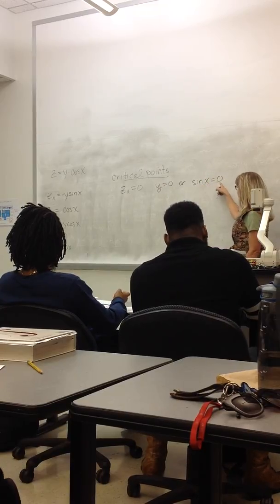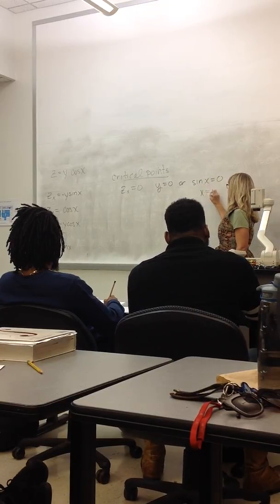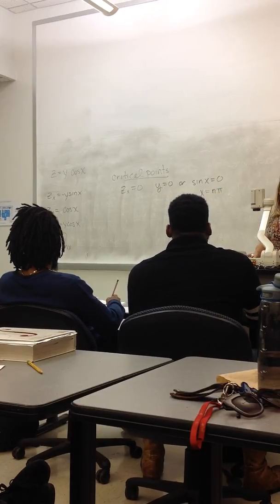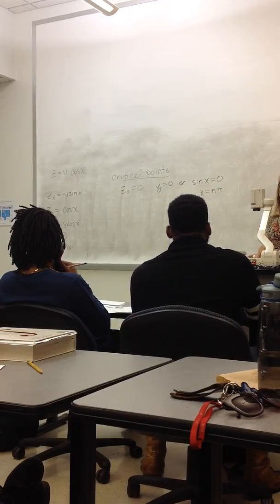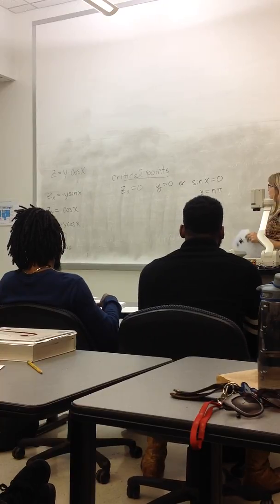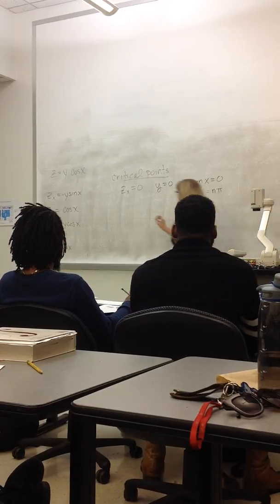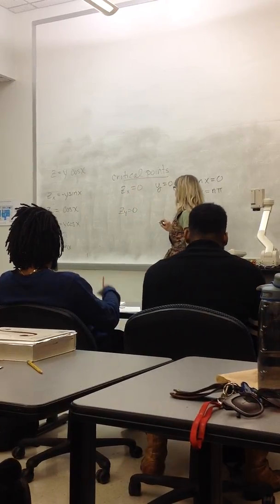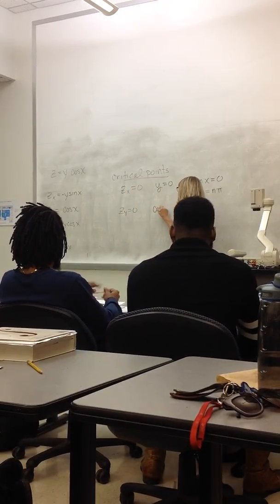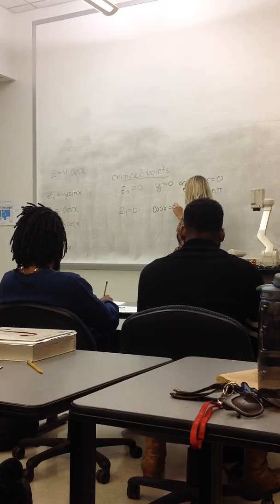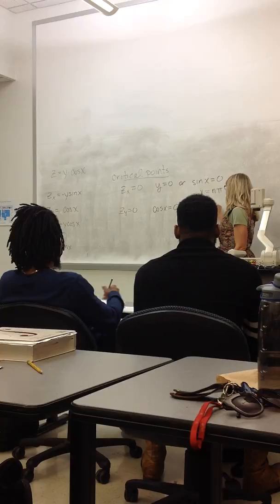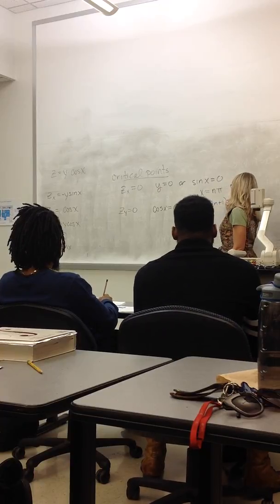If sine of x is 0, then x has to be some multiple of pi. Remember, sine is 0 at 0, at pi, at 2 pi, at 3 pi, at negative pi. For z sub y to be 0, cosine of x has to be 0, and that means x has to be an odd multiple of pi over 2.